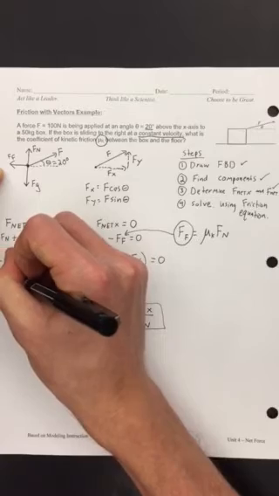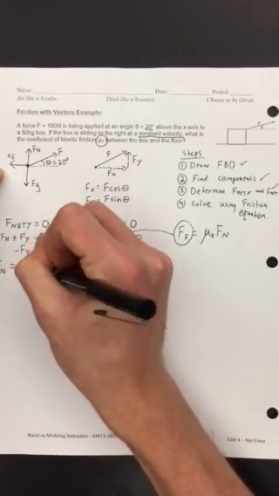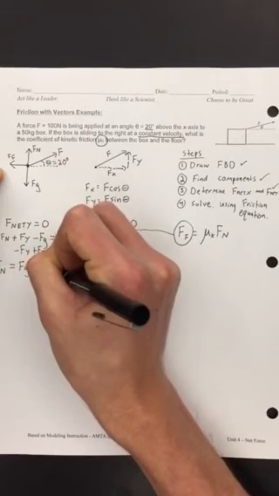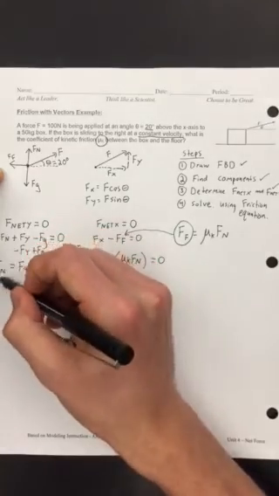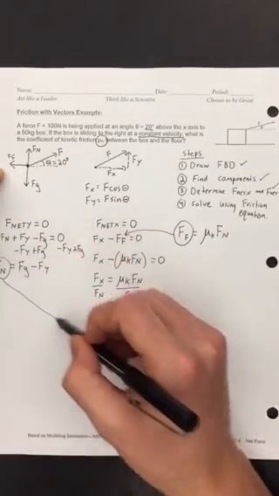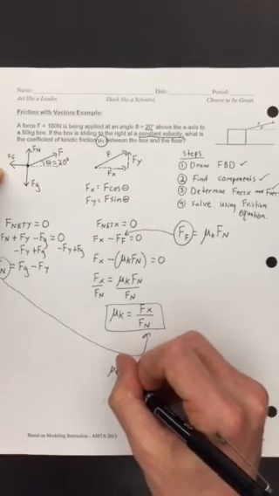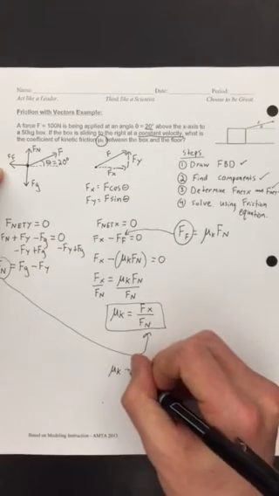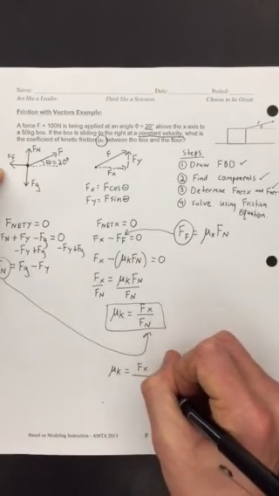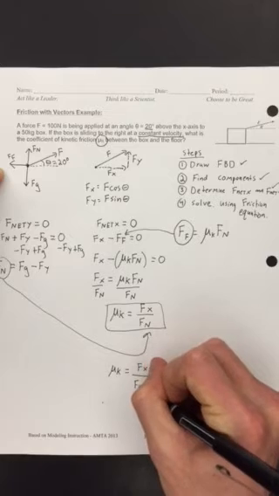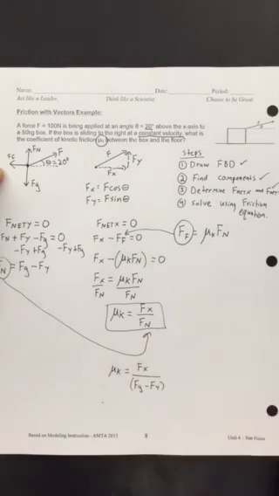And that will give us normal force equal to the gravity minus the y component. Then I can put all of that in here for normal force, and I'll have the coefficient is equal to the x component divided by gravity minus the y component.